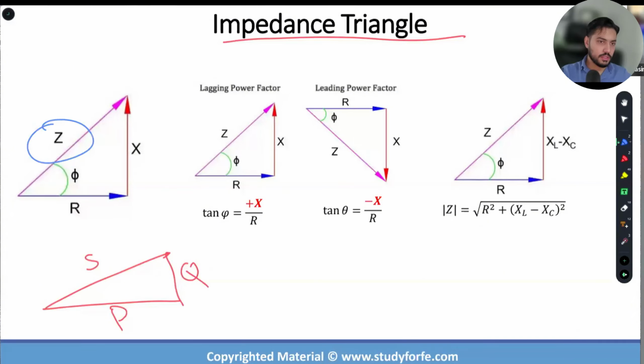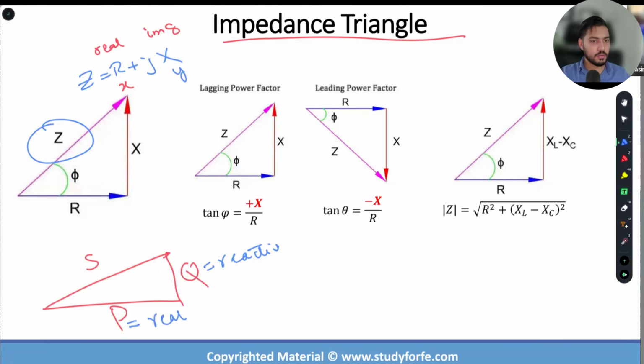Your Z is equal to R plus jX. So this is your real component, as I mentioned before, and this is your imaginary component. This goes on the x-axis, this goes on the y-axis, correct? Just like your P is equal to real power, and Q is equal to the reactive or the imaginary power.